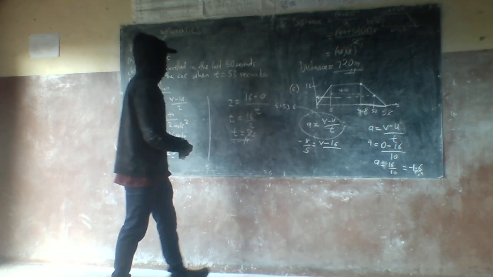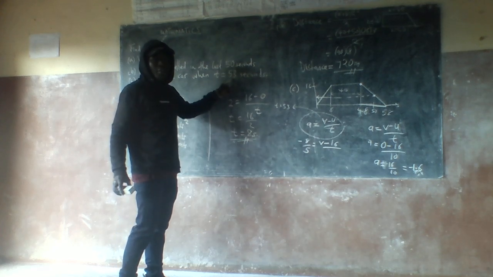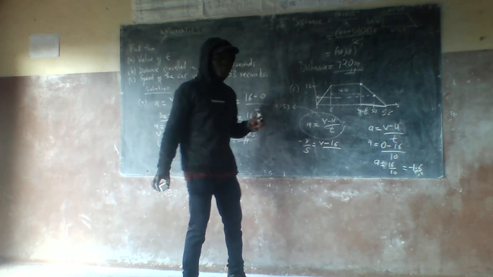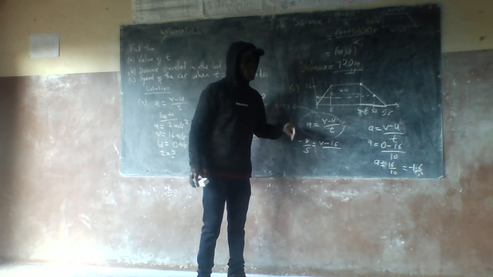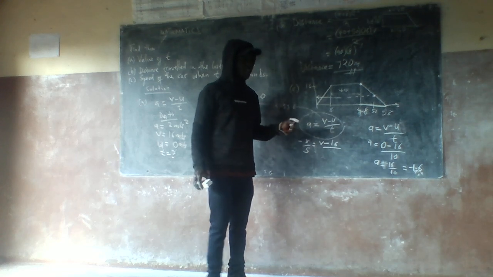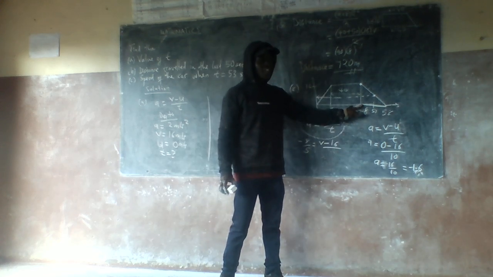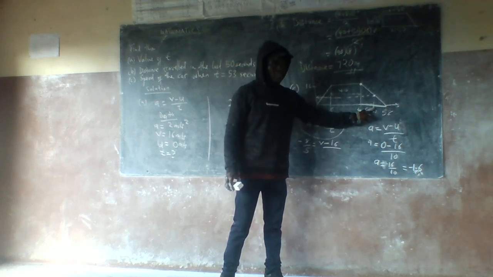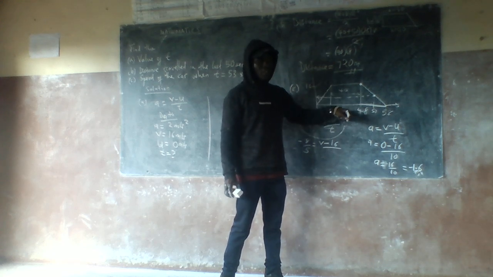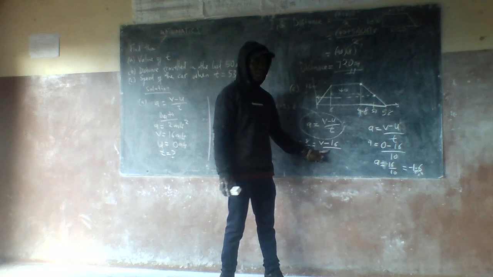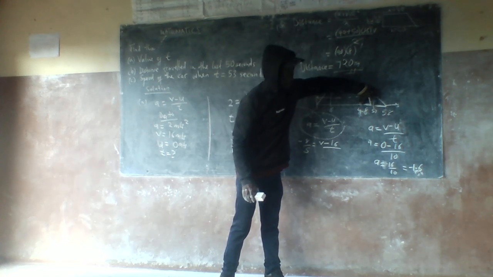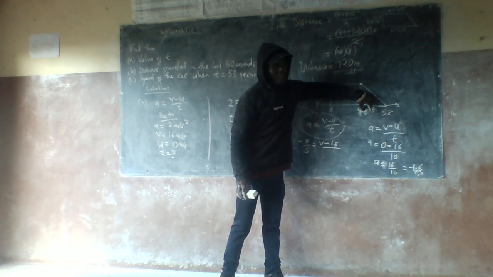Then t has been taught. When t was what? 53. But don't put 53. Do not put 53. Put the time you are using. You are starting from 48 and reaching what? 53. So do not put t equals 53. It will be very wrong. Just know what time you have covered. Are we there? I emphasize.